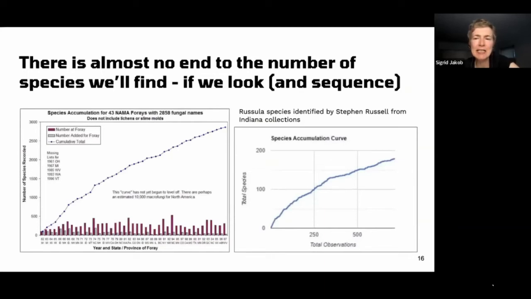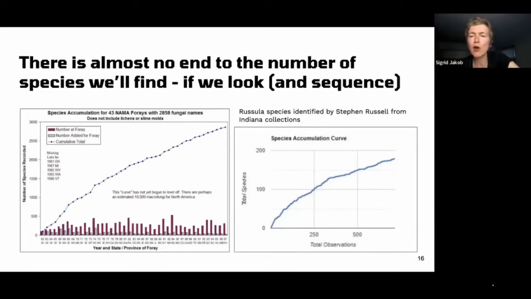And as you can see, the line goes up and up and up, and there's no sign of it plateauing. Essentially what it tells us is, the more we keep looking, the more we keep finding, which is kind of crazy. When the chart was done, about 15 years ago, there were at 2,858 fungal names, and I'm sure they're well beyond 3,500 at this point.